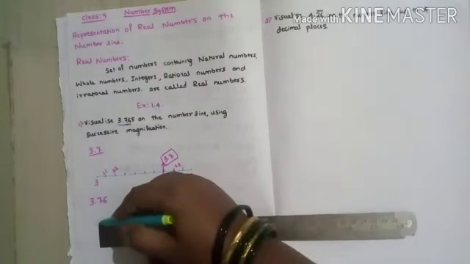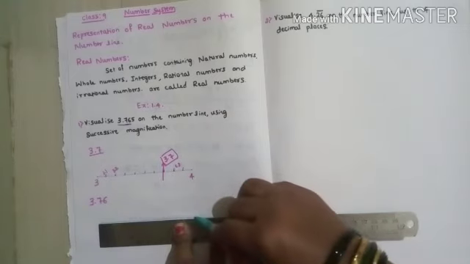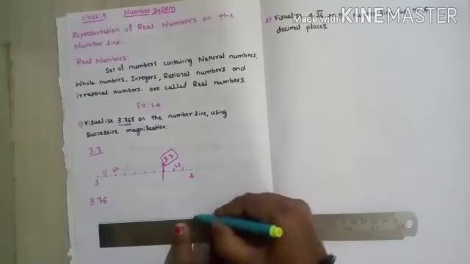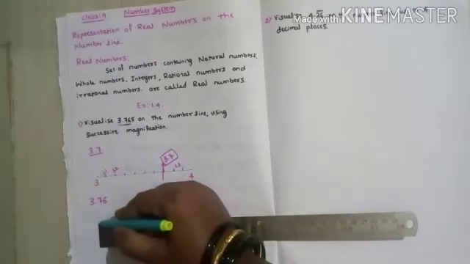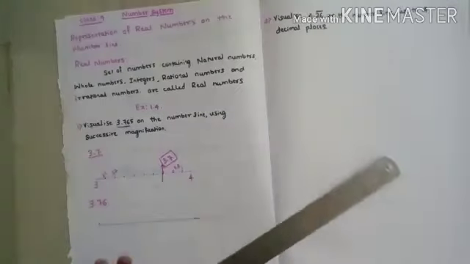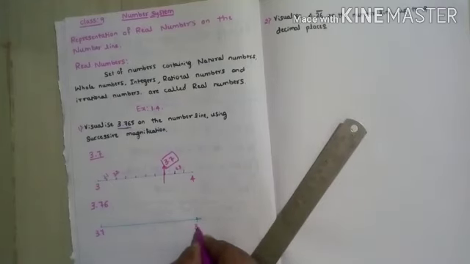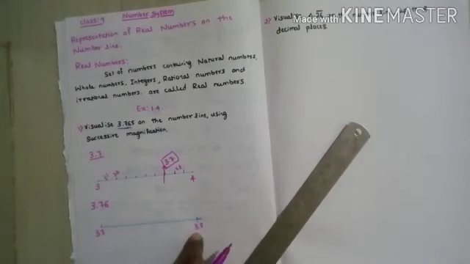A 10 centimeter line. The starting point I will take as 3.7, and this is 3.8. Between 3.7 and 3.8, 3.76 will come.